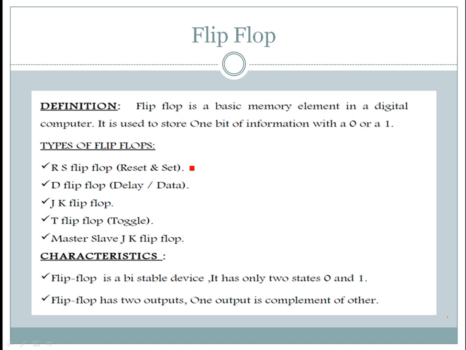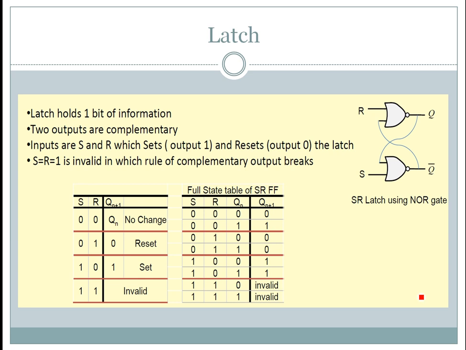Before discussing these flip-flops, let's see what a latch is. A latch holds one bit of information, and it has two outputs and they are complementary. Here you can see an SR latch using NOR gates. Here this is the R input and this is the S input, and two outputs, Q and Q bar, complementary outputs.